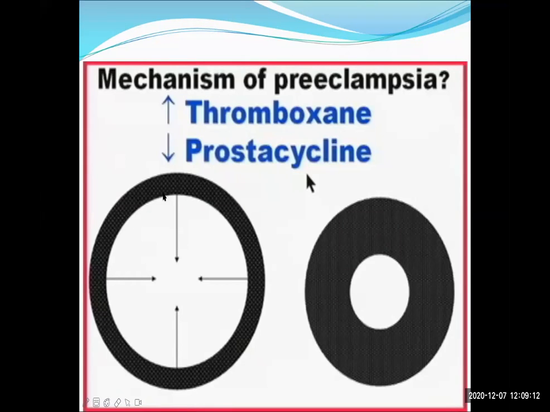Okay, so this blood vessel will become like this, and naturally it will cause increase in blood pressure because there is increased peripheral resistance now, and blood pressure is all about the multiplication of cardiac output by peripheral resistance. If cardiac output is more, blood pressure is more. If peripheral resistance is more, blood pressure is again more.